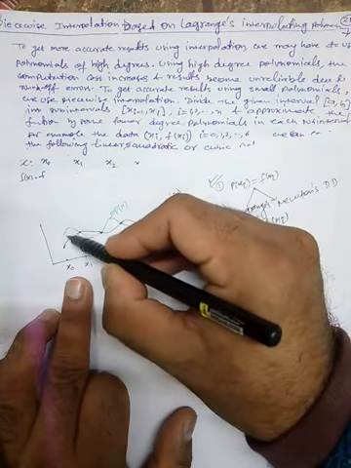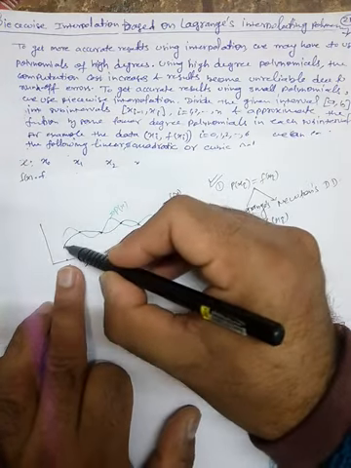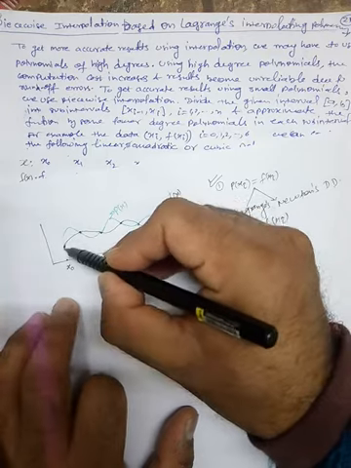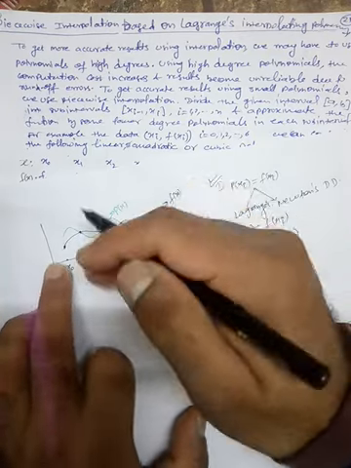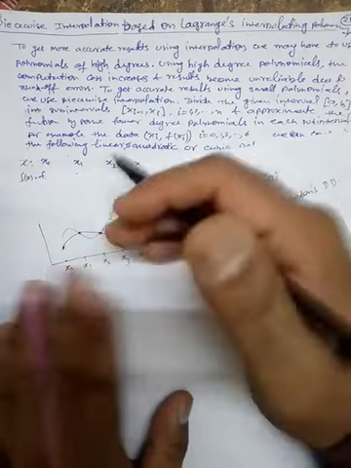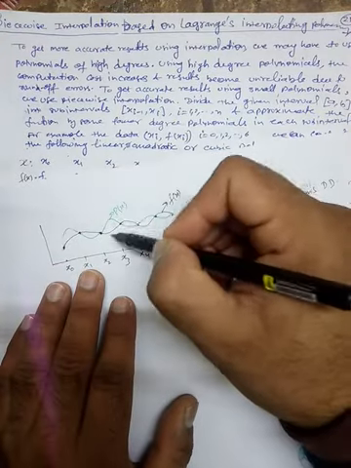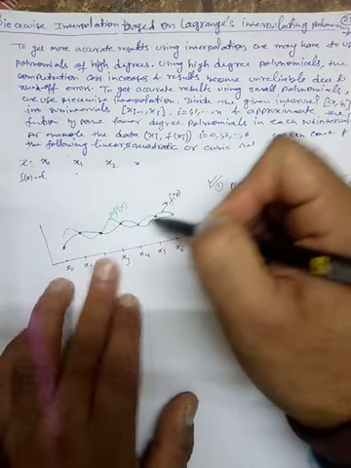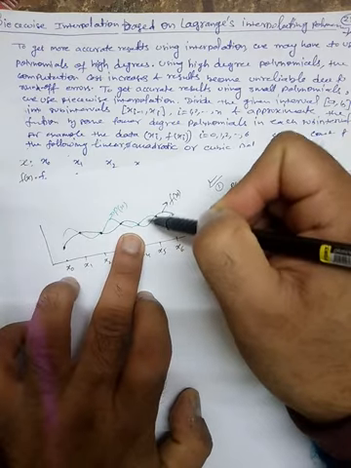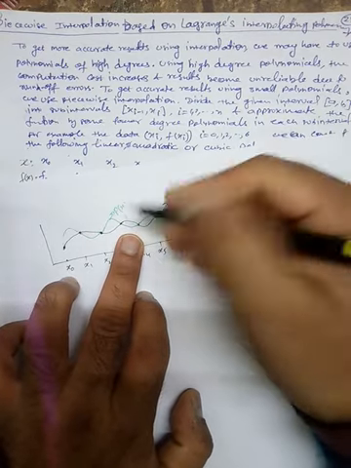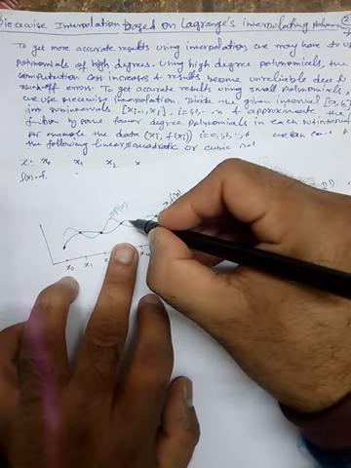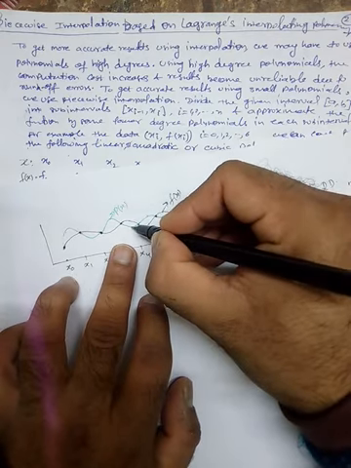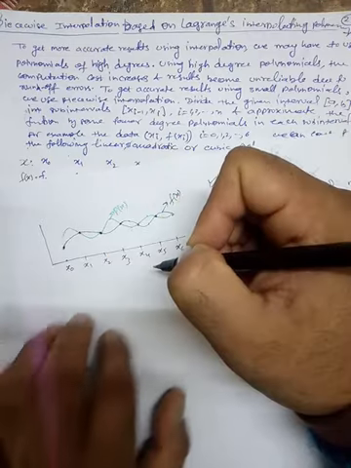And this will be the error at any point. At the interpolating points there is no error; both curves coincide or intersect each other. However, between points we have some error, because the actual value is this, but we obtained this value.